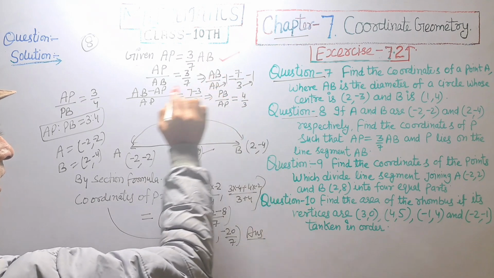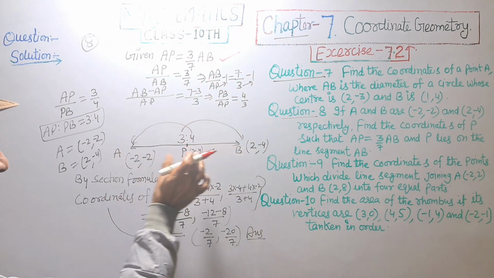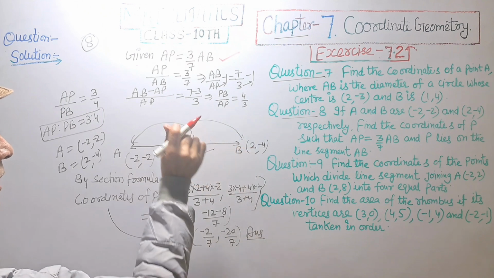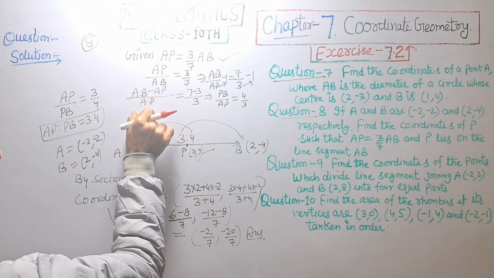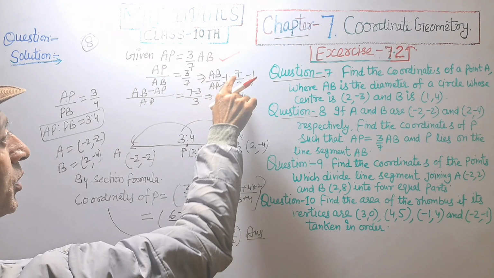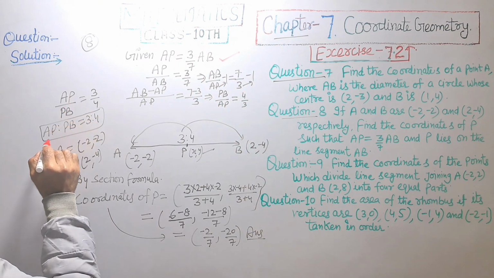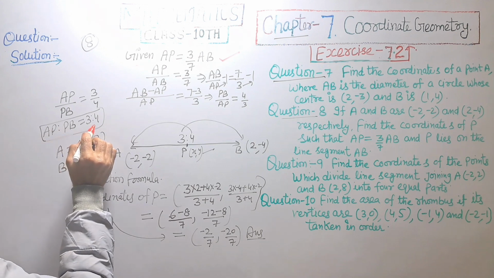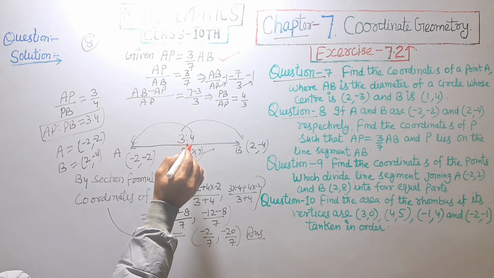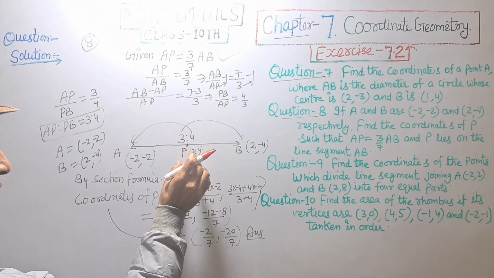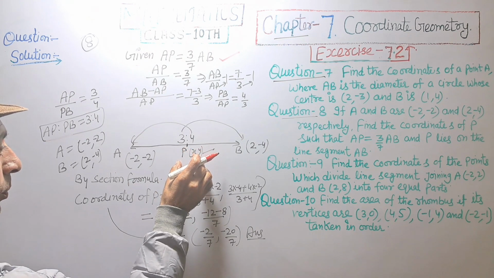So AB minus AP, that is PB divided by AP, is equal to (7 minus 3)/3, which is 4 upon 3. AP ratio PB is equal to 3 ratio 4, and we want to find the coordinate points of P.